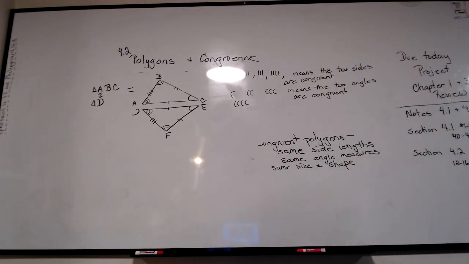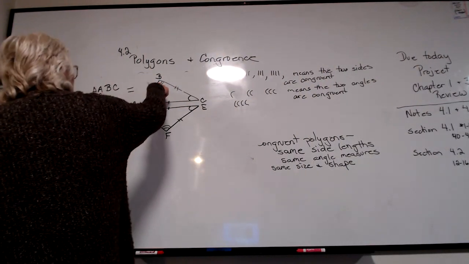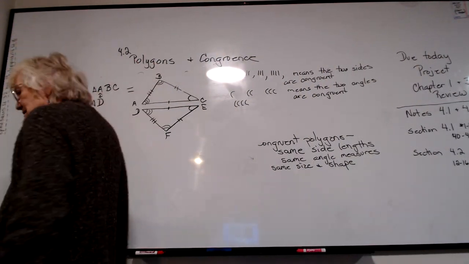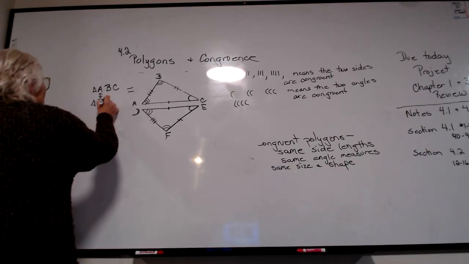They match each other. They're the same size. So it's very important how you write the triangle, okay? Next, I have B. So I need to write whatever is the same size as B in my next one. Jake, which one's the same as B? F. F. So I'm going to write it as DF.